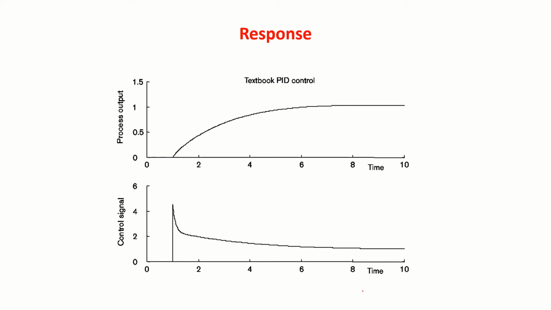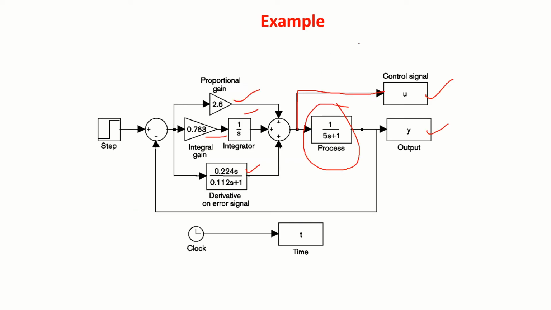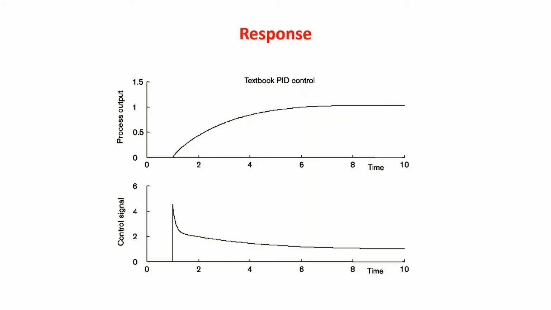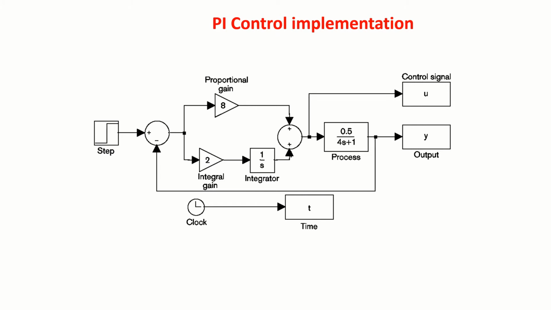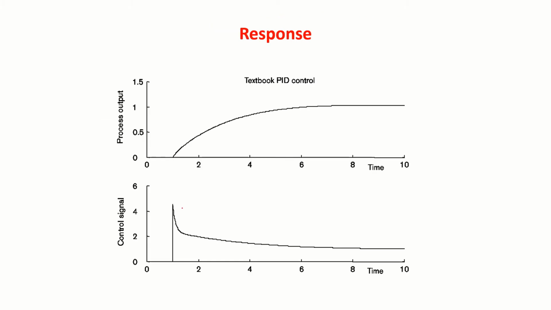This is the control signal versus time that is tapped from here, and this one is the process output. This is what you can get after simulation. But observe something like this here. Let us see that later.